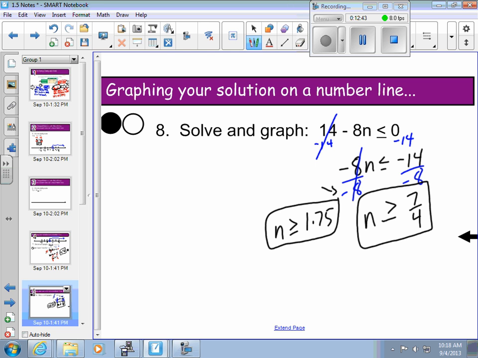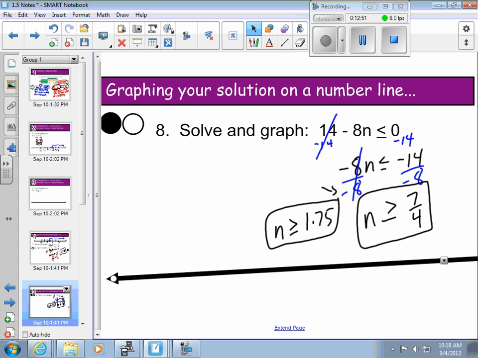Now we got to graph that out. So on your number line, what you want to do is label it. So here maybe we want to go by fourths or something.